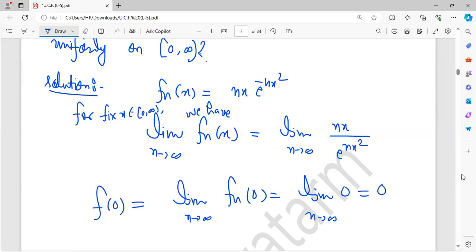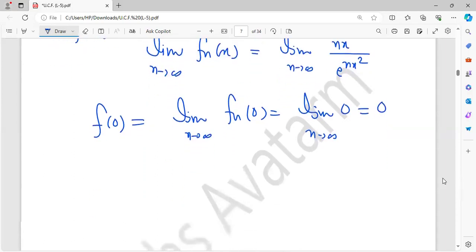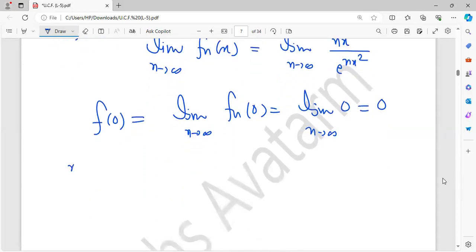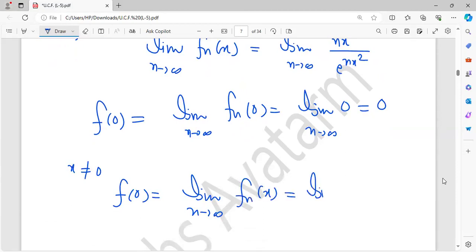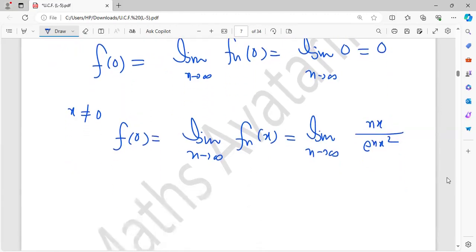And if x is not equal to 0, then what will happen? If x is not equal to 0, then F x is the limit as n tends to infinity of Fn x, that is the limit of nx upon e to the power nx square. So it is making an indeterminate form, infinity by infinity. So we will differentiate in the numerator and denominator.